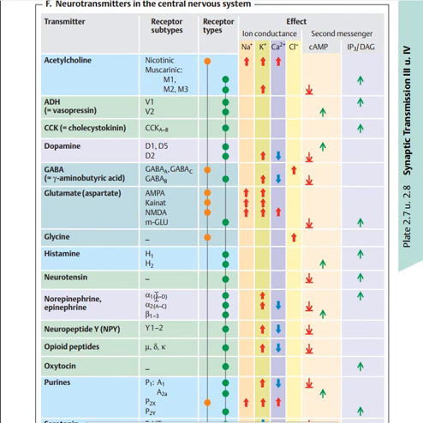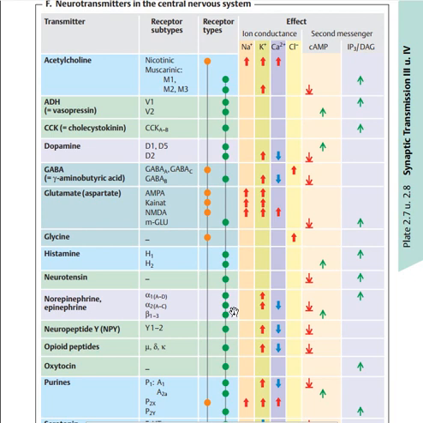Now all the alpha 1 receptors are metabotropic, and they increase potassium ion conductance inside the cell. Since they increase potassium conductance, it implies that they are mostly going to be inhibitory. So alpha 1 adrenergic receptors are mostly inhibitory, and they act via the secondary messengers IP3 and DAG.